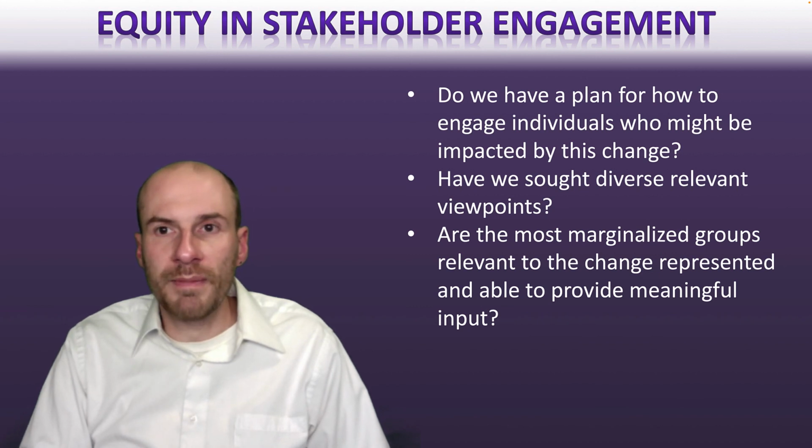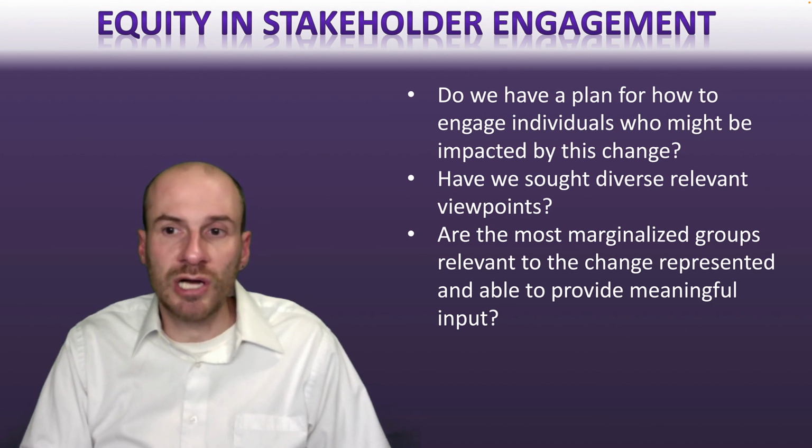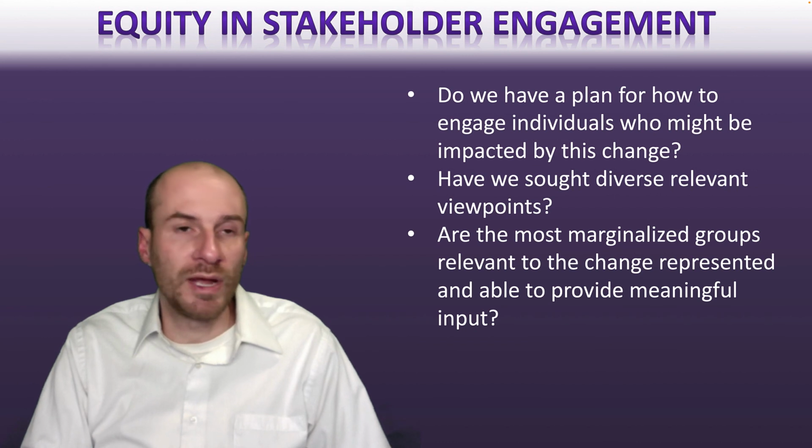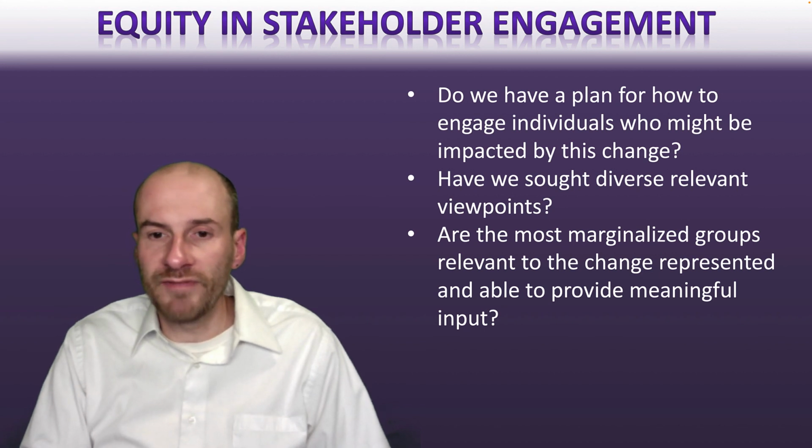So you want to think about, if we're creating a new plan, how can we engage people who might be impacted by this change? Can we talk to people? And of the people we talk to, are we actually getting diverse viewpoints, as we think about making this change, so that we can do a better job of ensuring that everybody is able to benefit from it?